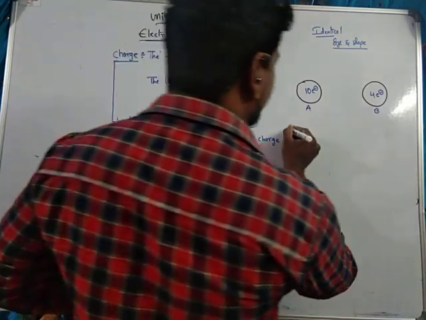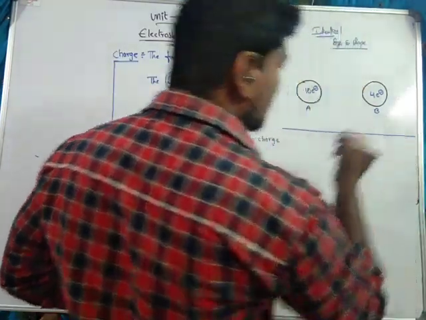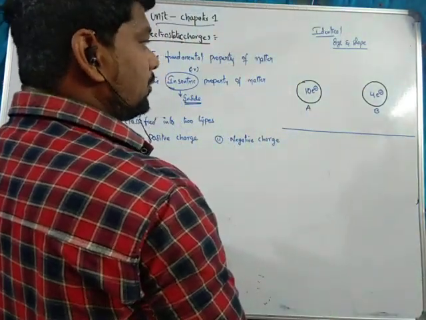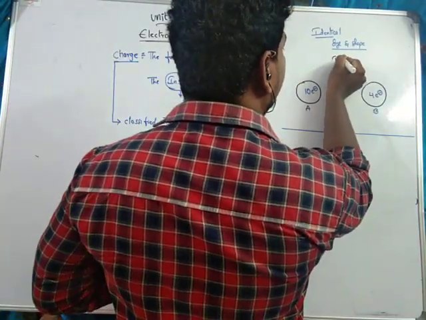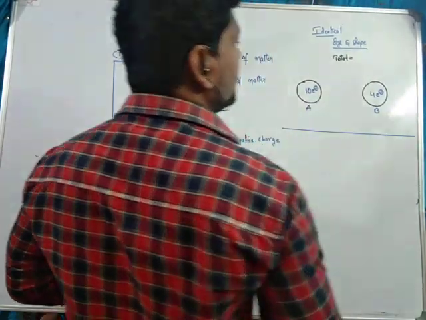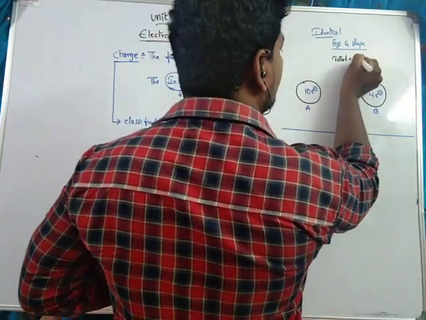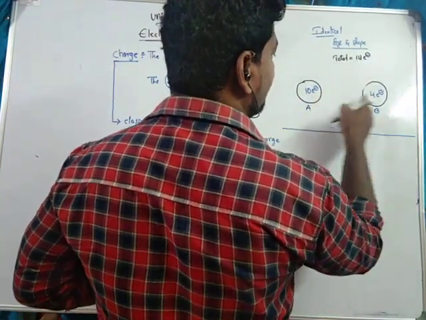Now, before the process, if you add the total, the total value is 14 electrons, 10 plus 4.